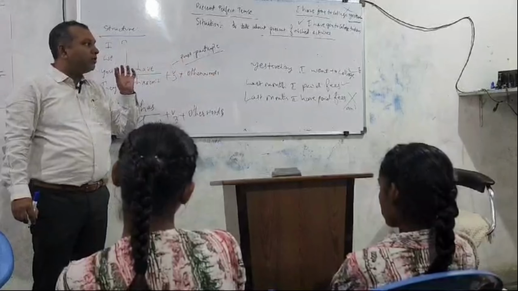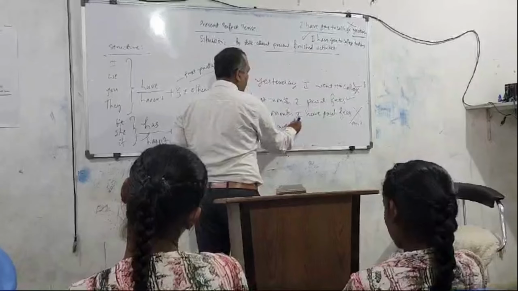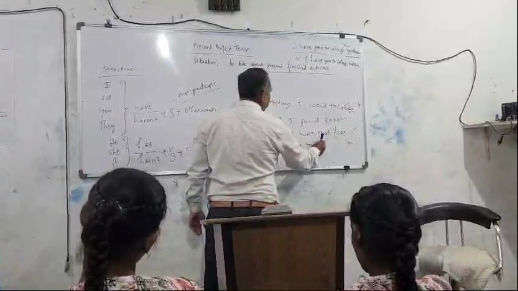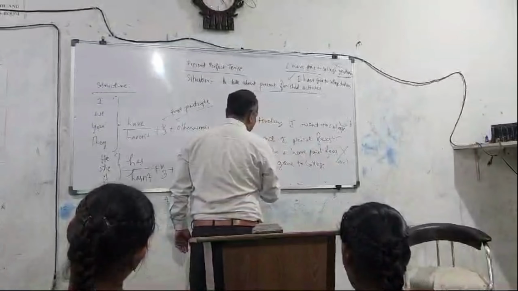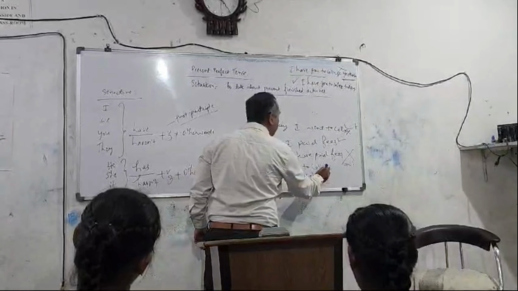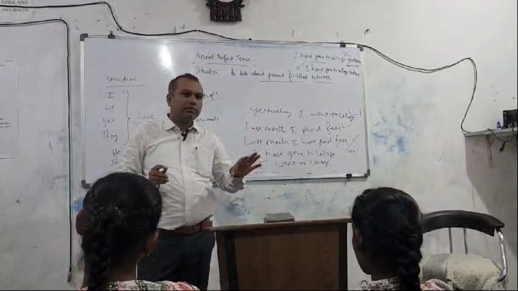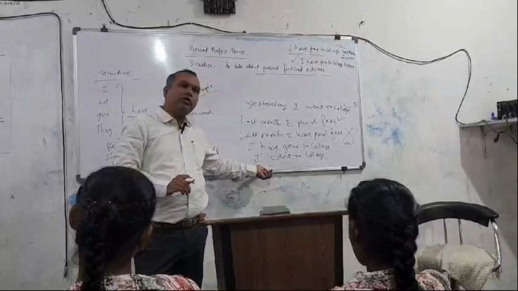So one more example I will explain. I have gone to college and I went to college. What is the difference? I went to college means it is also past. Which past? Absolutely past. It is not connected to the present.